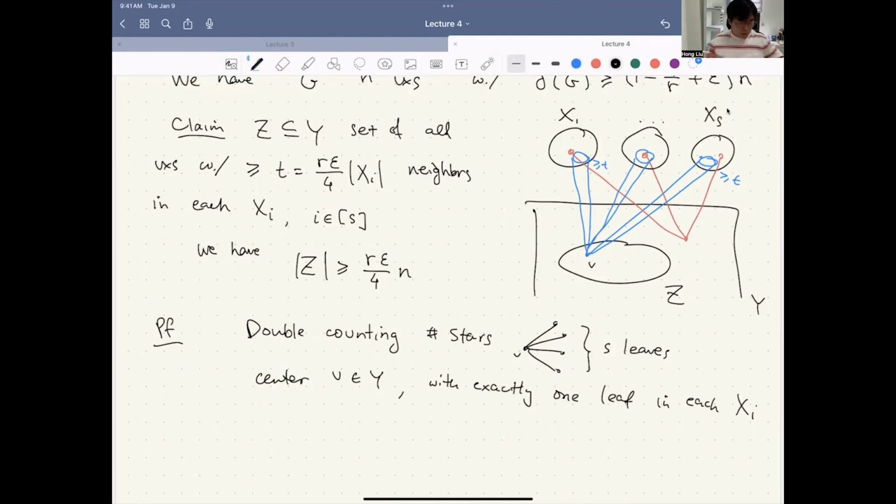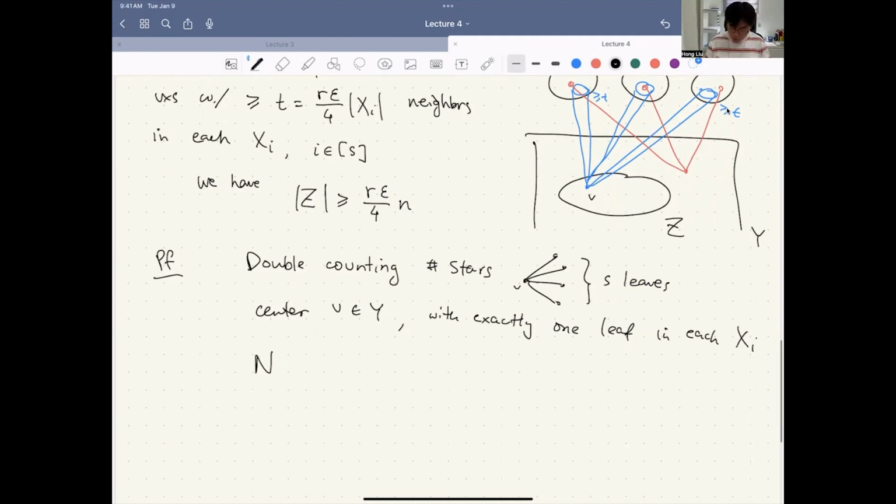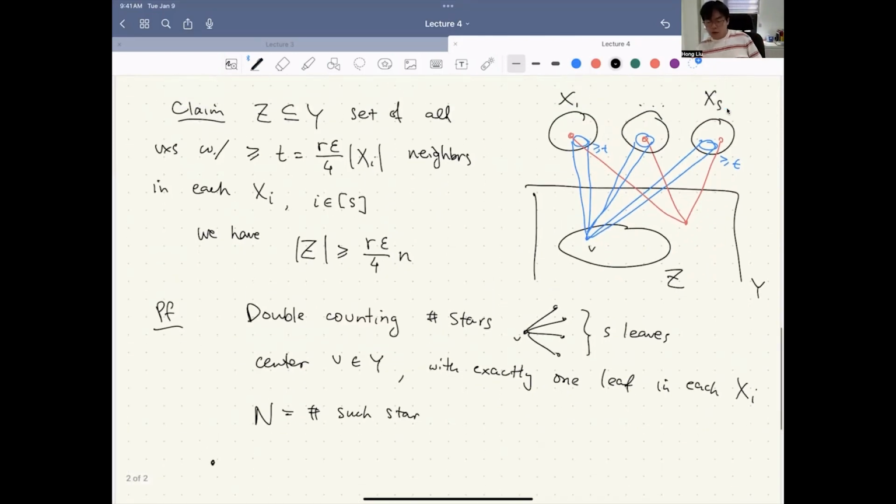First, let's give a lower bound on the number of such stars. Let m be the number of such stars. On one hand, let's give a lower bound. We're going to count from the perspective of leaves first.